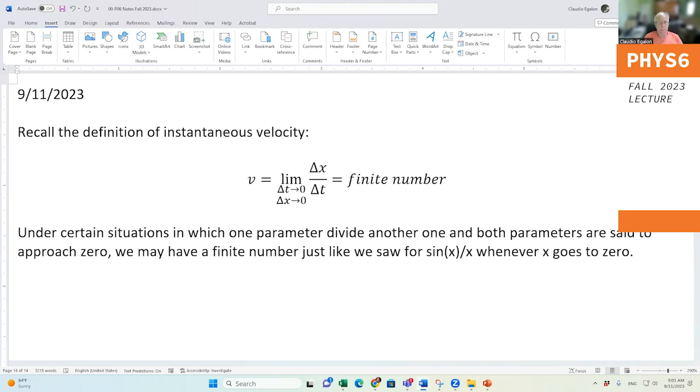Okay? In the case of the instantaneous velocity, we also have a similar situation.